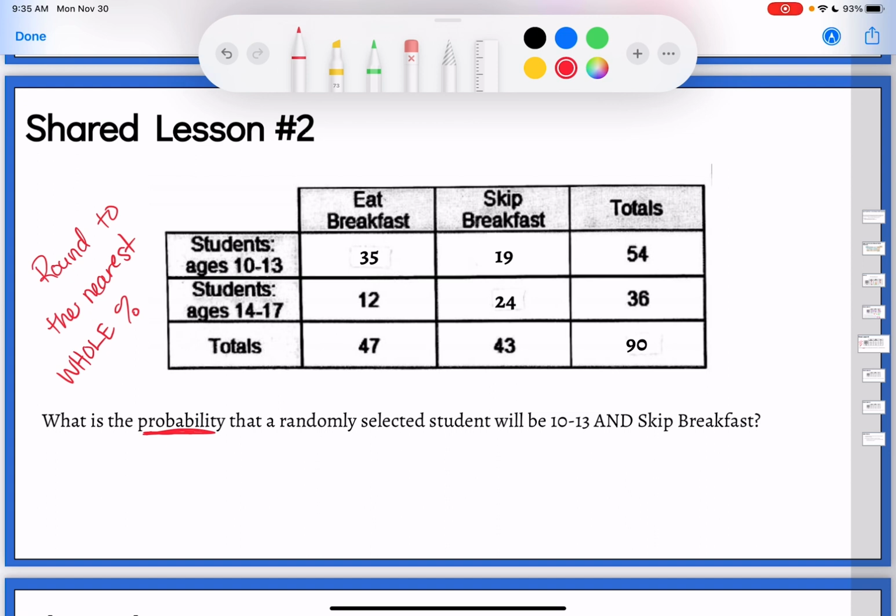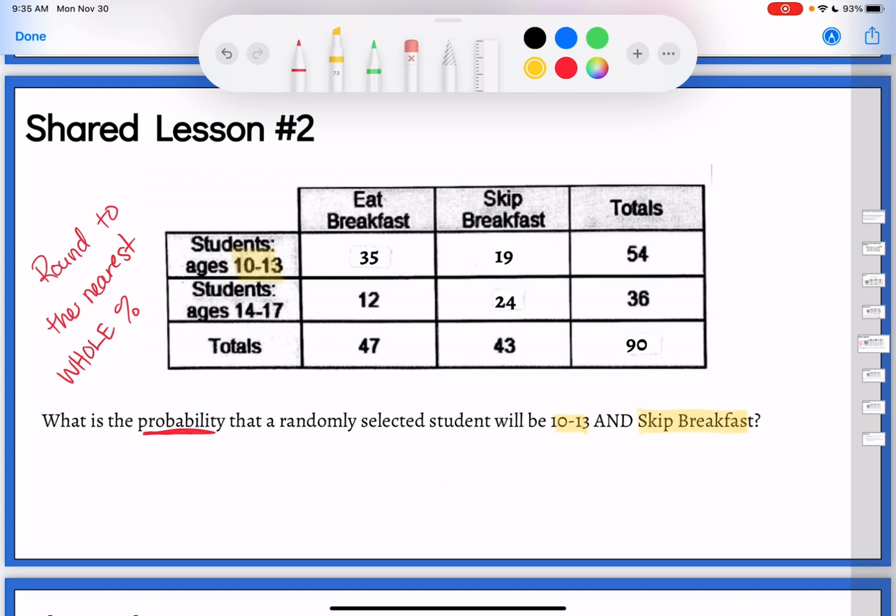So here it says, what is the probability that a randomly selected student will be aged 10 to 13 and skip breakfast? So what's the probability, out of all of the students, that they will be 10 to 13 and skip breakfast? I have to look at my joint frequencies down in the middle.